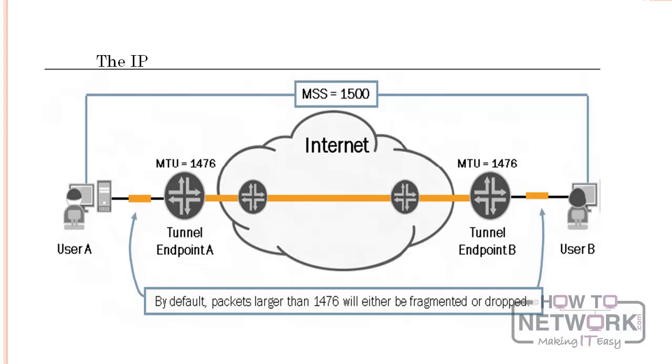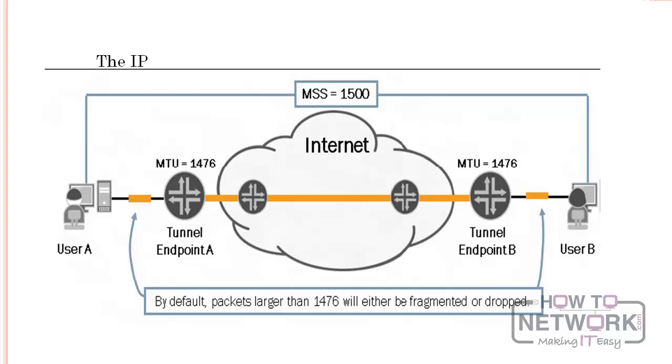IP fragmentation involves breaking a packet into several pieces that can later be reassembled. The IP source, destination, identification, total length, and fragment offset fields, along with the more fragments and don't fragment flags in the IP header, are used for IP fragmentation and reassembly.